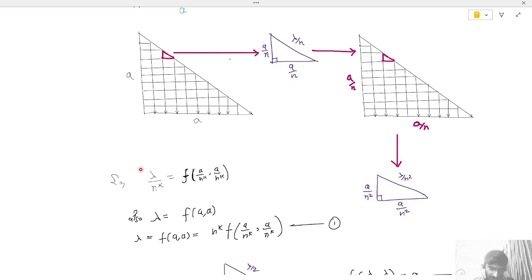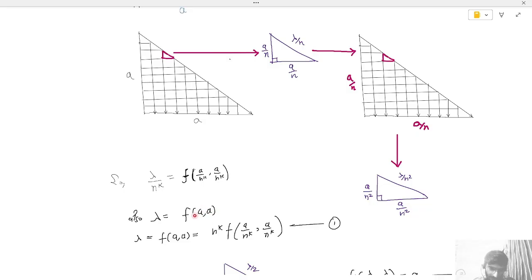So we can say in general, if you do this procedure for k times, then you will have lambda by n^k. Okay, this is the hypotenuse at that kth level. It will be the function of a/n^k and a/n^k, right? And also we know that lambda is simply the function of the base and perpendicular.